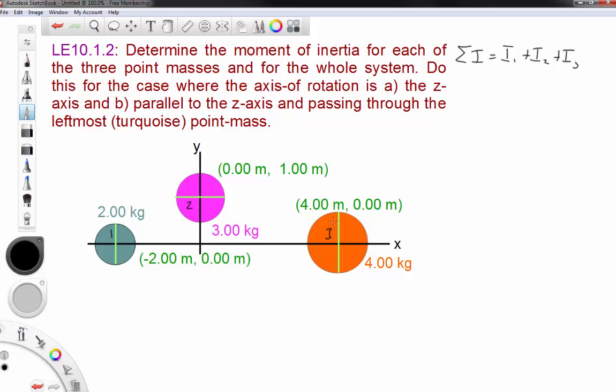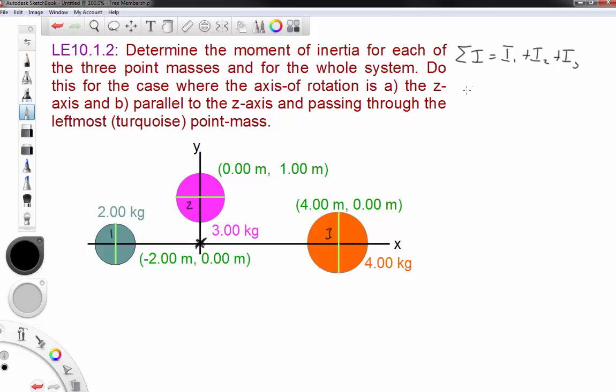So moment of inertia for the first case. First case is the axis of rotation is located right here. All right, so if that's the case, then we need to figure out how far away each one of these is from that axis of rotation and what the mass is. So for object 1, it's located 2 meters, 0 meters. That's 2 meters away from this axis of rotation.